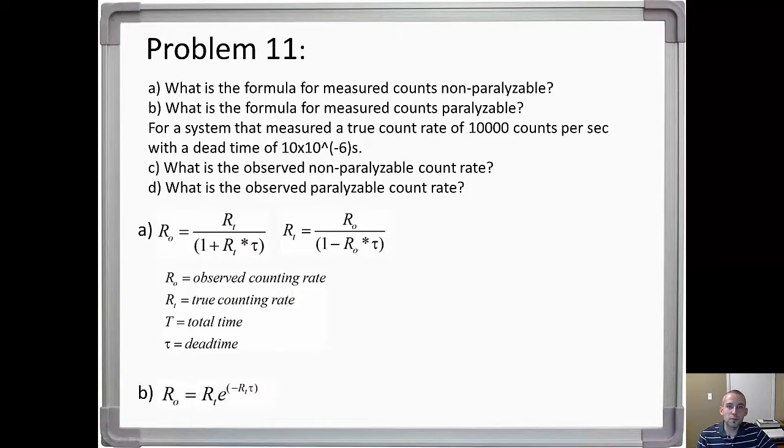So what is the formula for a parallelizable system with respect to measured counts? This is the formula. Same quantities. R0 observed counting rate, RT true counting rate, e to the minus RT times the dead time.